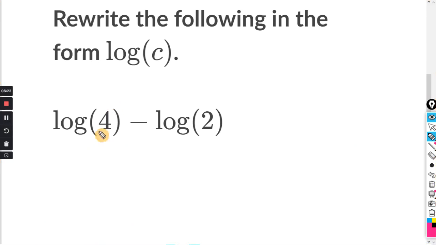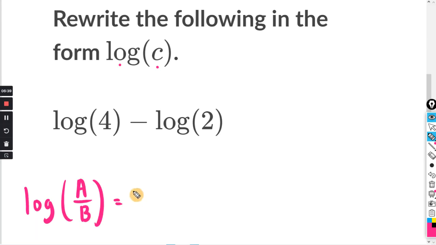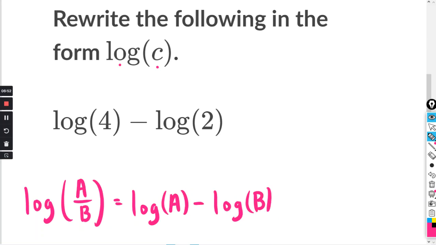All right, they want us to rewrite this in the form of log of one number. Okay, if you remember the quotient rule, the log of a divided by b equals the log of a minus the log of b. All right.